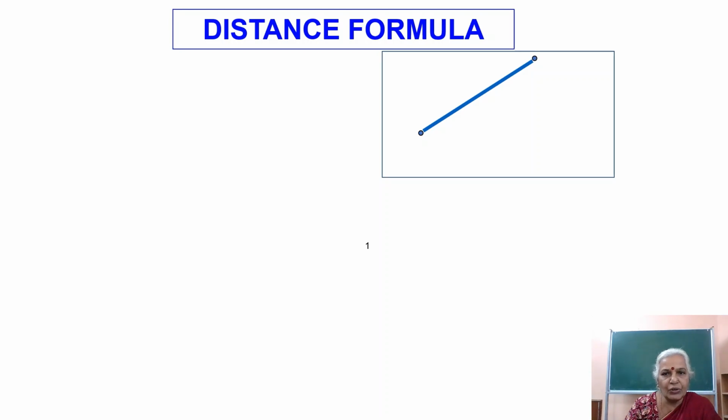Here, 2 points are there. Distance between the 2 points is called the line segment. And here P is x1, y1 and Q is x2, y2.